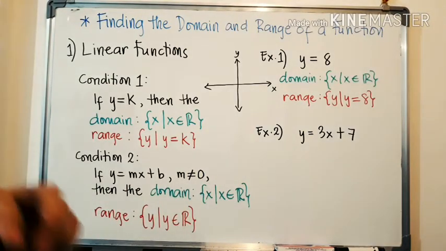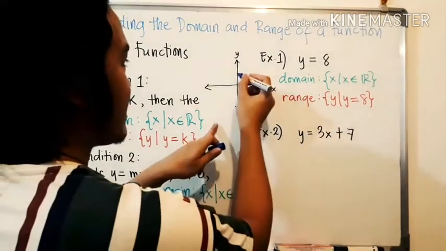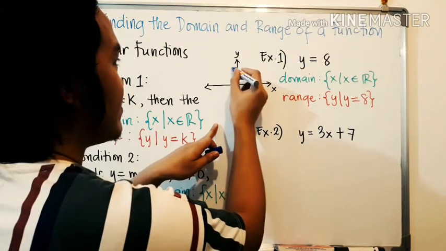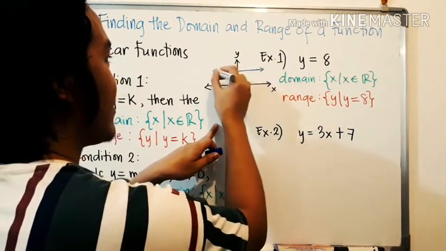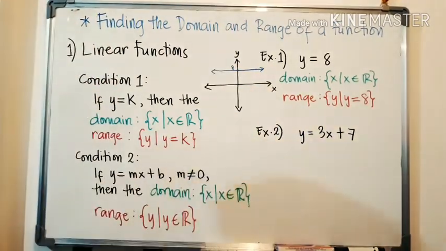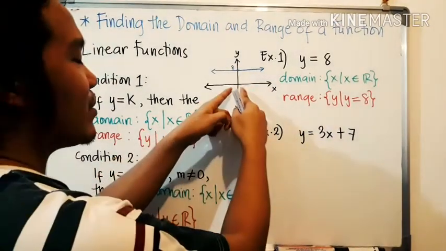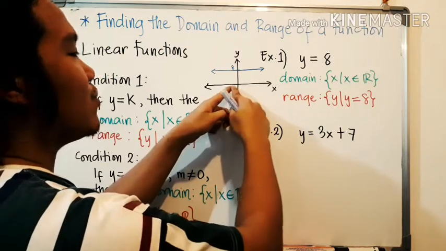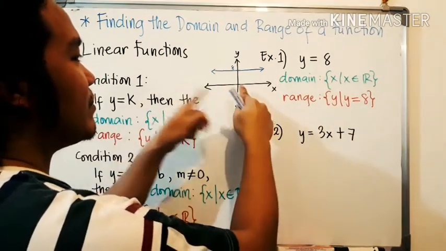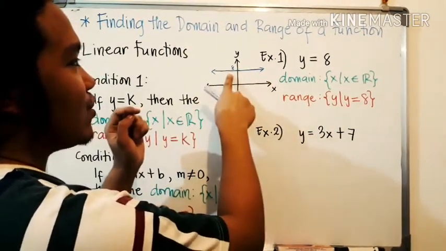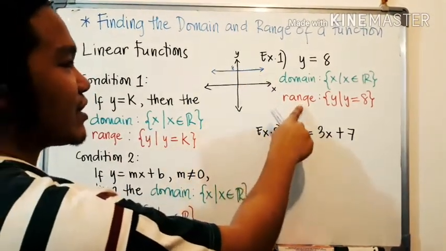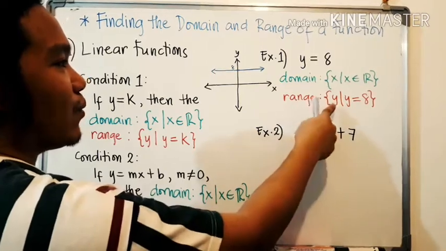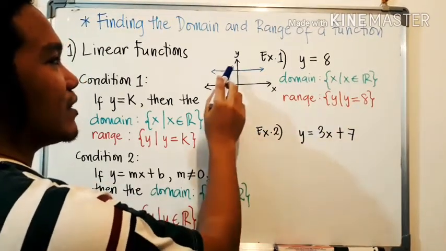Now this y equals 8, say this is 8. So this is the graph, or the sketch of the graph of this function. Notice, if we extend our x values to positive infinity or to negative infinity, this function is still defined, that is real. And its range is the set of all y such that y is equal to 8.